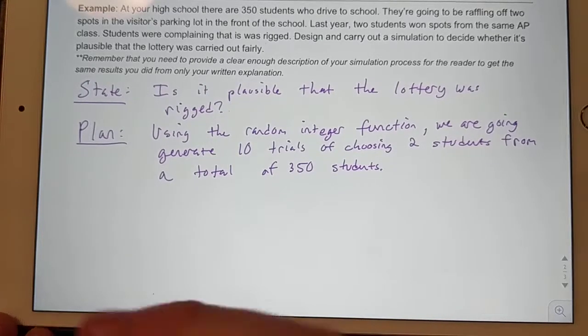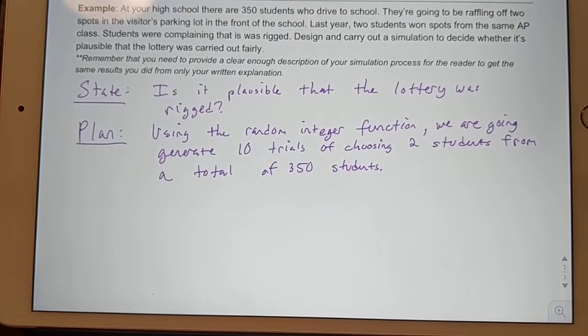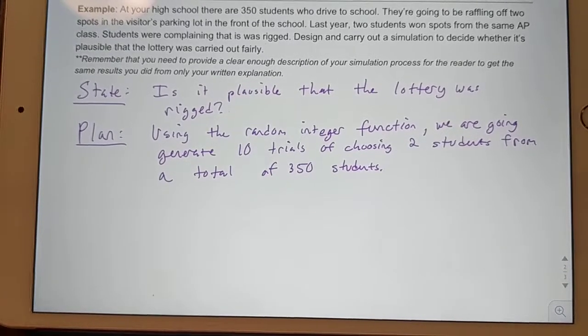Now, 10 trials means choosing 2. You're going to be generating 20 numbers out of your random number integer generator.